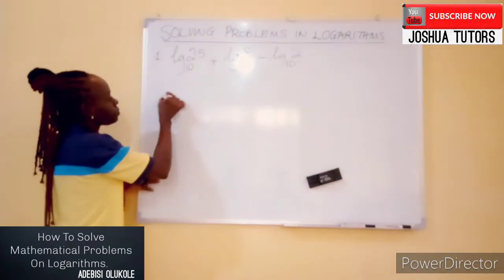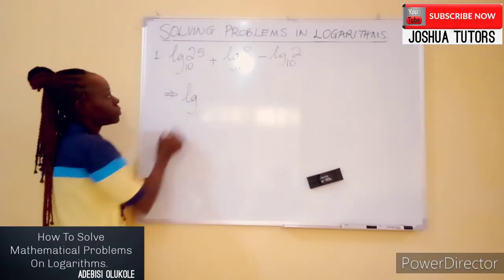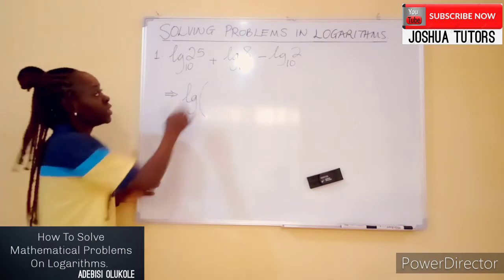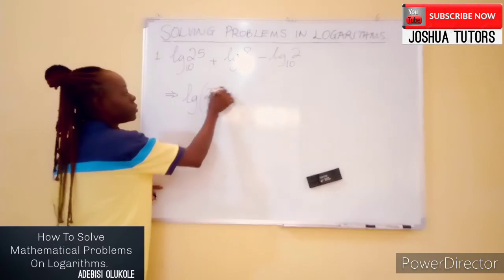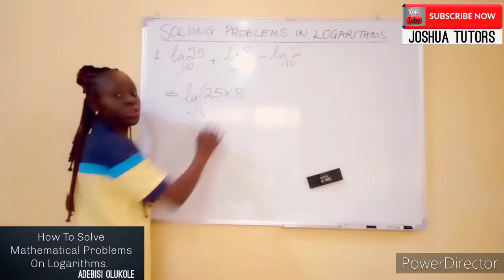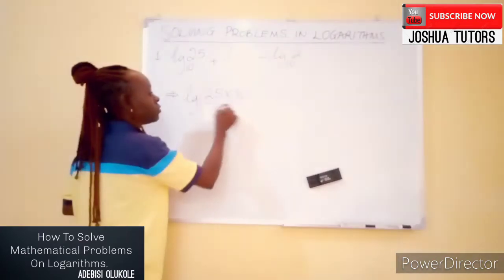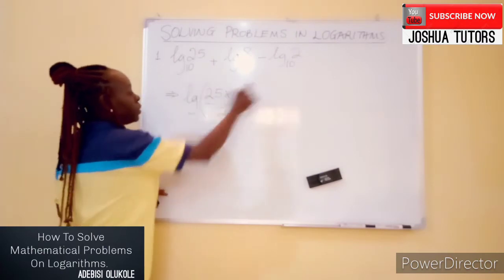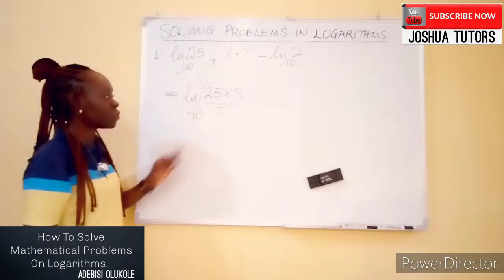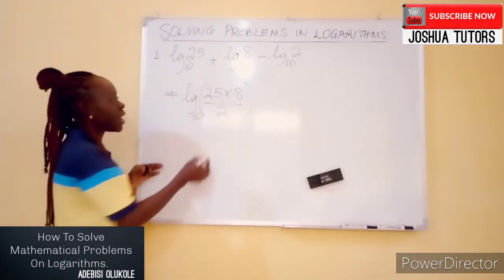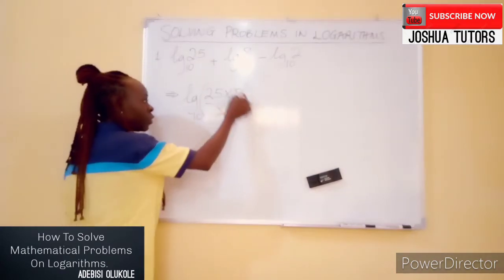So we have log of, this addition means 25 is multiplying 8, 25 times 8. This subtraction means that there's a division somewhere, all divided by 2, to common base, base 10. So at this point we can simplify. So I have 2 go here, 1, 2 go here, 4.